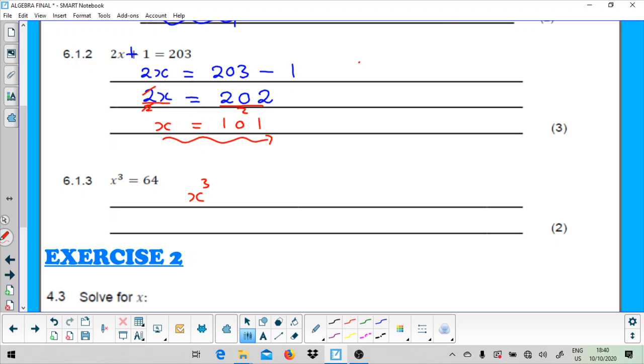So you have to try and change to the same exponent, which means find something that is to the power of 3 that will give you 64. And what will that be? Well, that will be 4 raised to the power of 3. Now, because the exponents are the same, it's 3 and 3, it means the bases must be the same as well. So it works just like this.